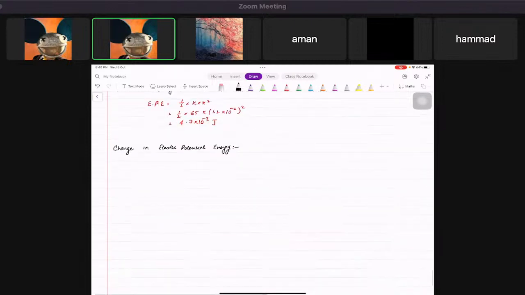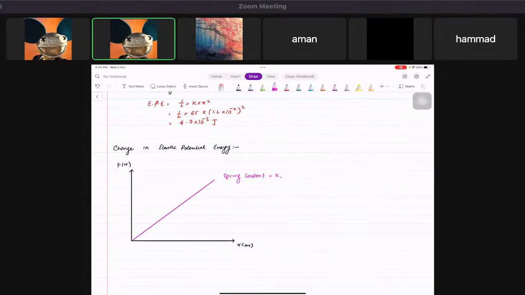So suppose they have given you a question like this, and it's F and it's x in meters, and the line basically goes like this, and they say the spring constant on this one is equal to K. So you have to find the change in energy between any two points like x1 and x2.